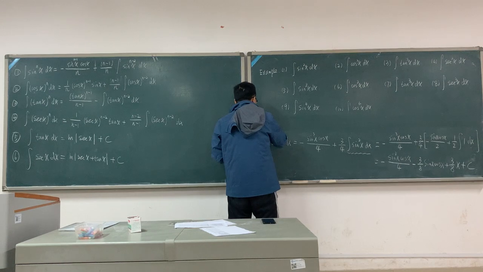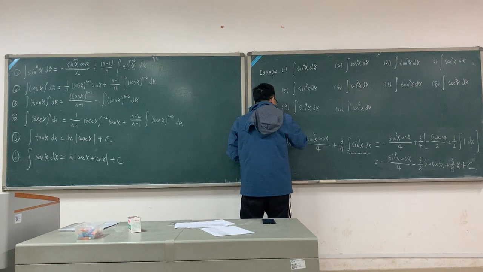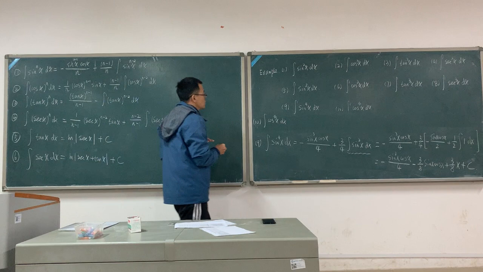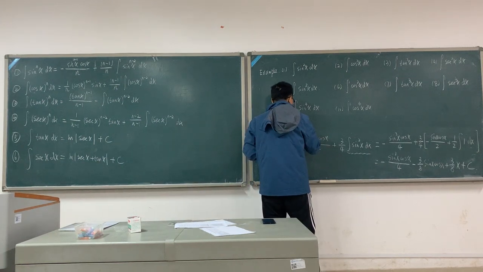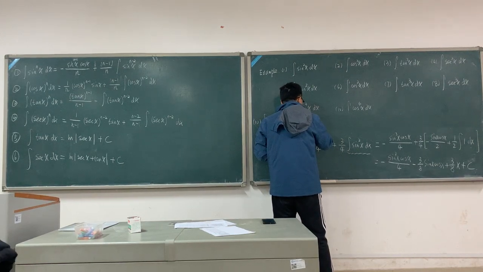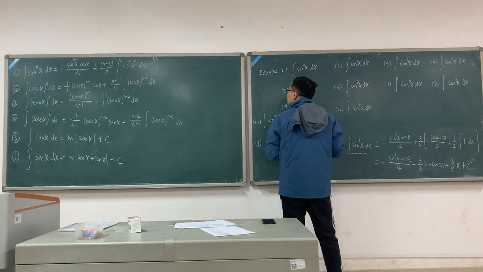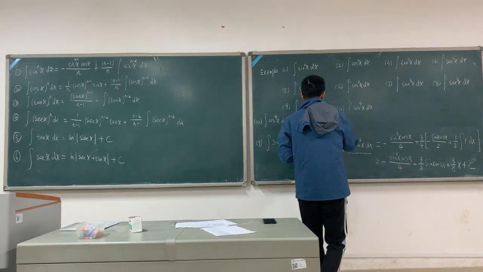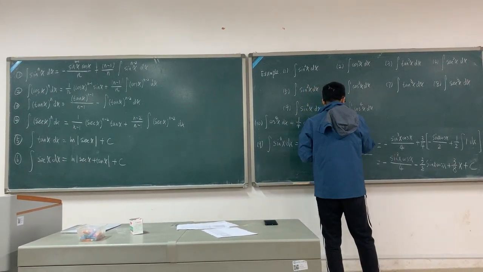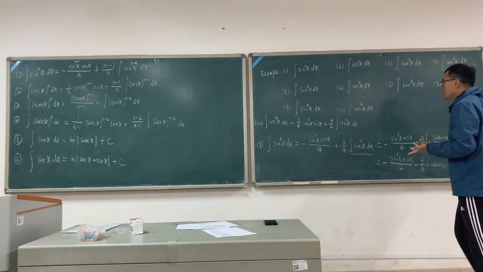Number 10 here is the antiderivative of cosine x to the fourth power dx. So we use the second formula. Here it equals 1/4 cosine cubed x sin x plus 3/4 the antiderivative of cosine squared x dx.